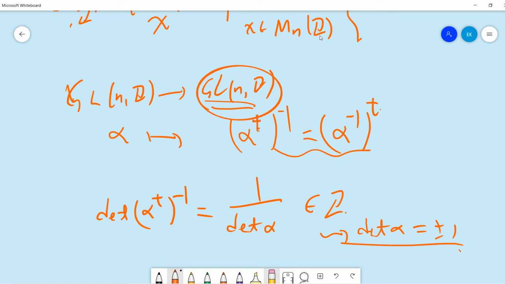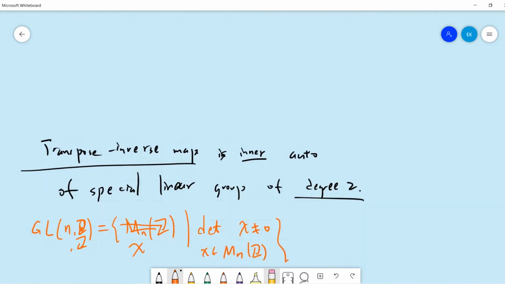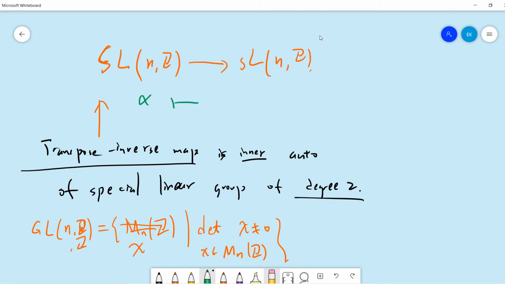It should only be defined on the determinant 1 part. That means the transpose inverse map can be defined as a map on the special linear group with coefficient Z, where the determinant 1 part is mapped to the determinant 1 part. Now it's well defined, sending alpha to alpha inverse transpose, and obviously the determinant of alpha is 1, so this is also 1.